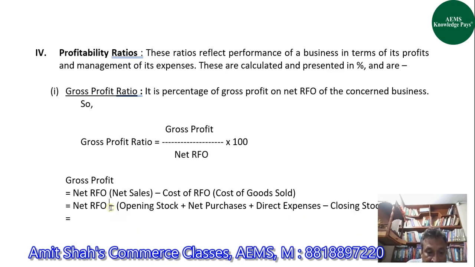Here we have minus sign and here also we have minus sign. So after opening the bracket, closing stock would be in plus. So what exactly would be net RFO plus closing stock, which is credit side of trading account, minus debit side of trading account where we have these three items, that is opening stock, net purchase and direct expenses.